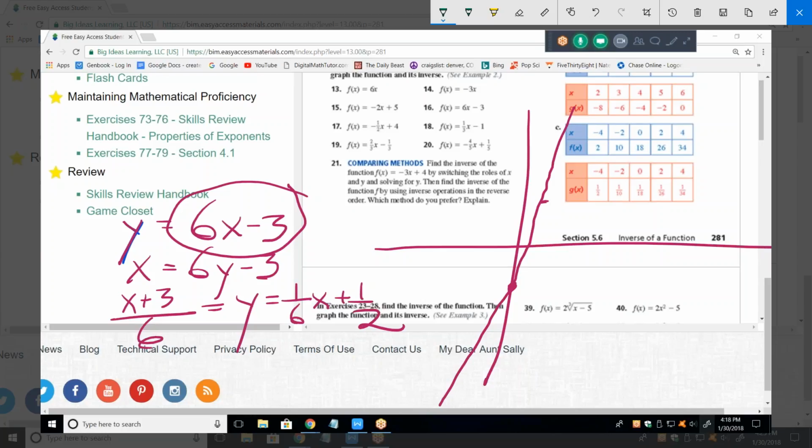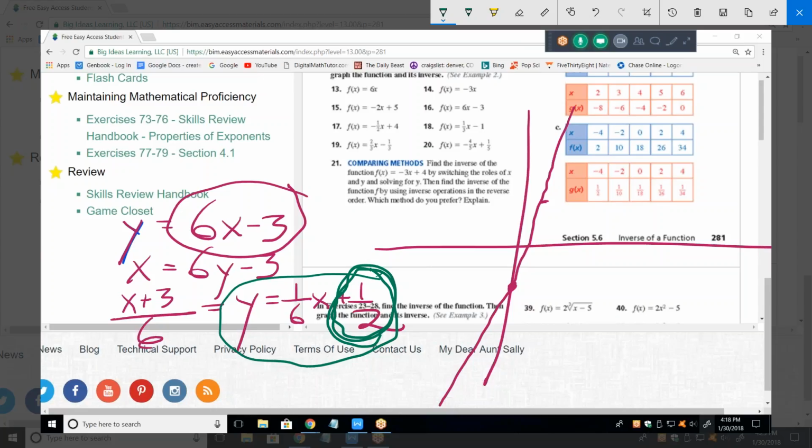So the y-intercept is at, or x-intercept is at. No, you were correct in the first place. It's still called the y-intercept. That is the y-intercept. Okay. Forget the fact that you switched variables. Just assume that this is a whole new function.